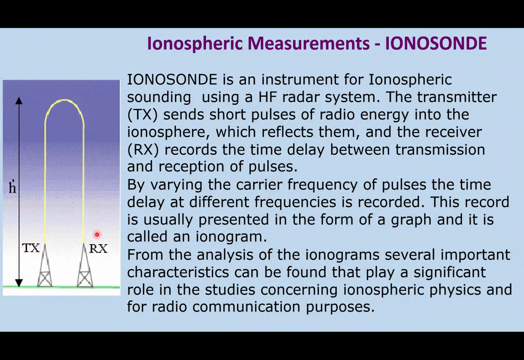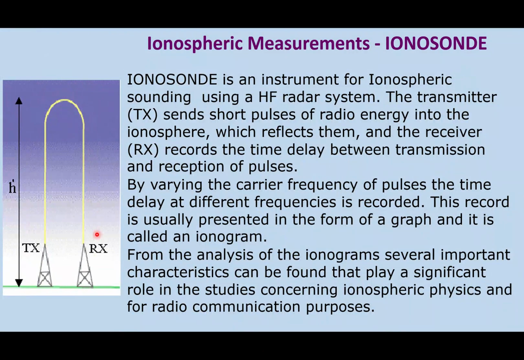The receiver records the time delay between the transmission and reception of the pulses, and this time delay is proportional to the height from which it is reflected. That we will see a little later.